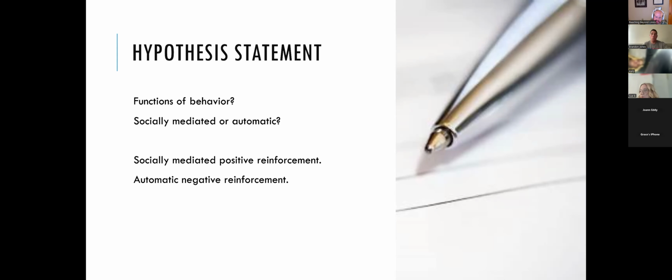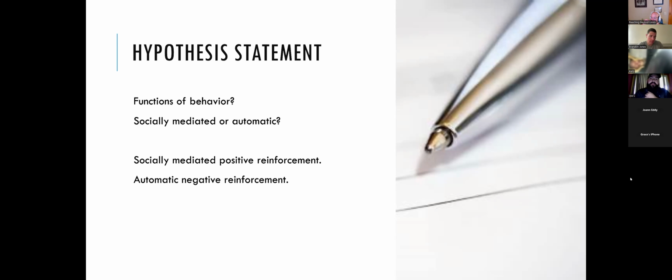Okay, what does that mean to you? Socially mediated or automatic? If I said this behavior is being maintained by something socially mediated, what does that mean? Does the behavior provide its own function, or is someone else reinforcing it?